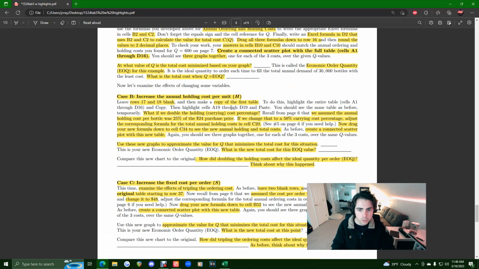And they ask us to change. What if we double the holding cost percentage? Recall we assumed the annual holding cost was 25% of the 24. That's what gave us the 1/4 of 24, or the $6 holding cost. If we change that to 50% of the purchase price, then adjust the corresponding formula.